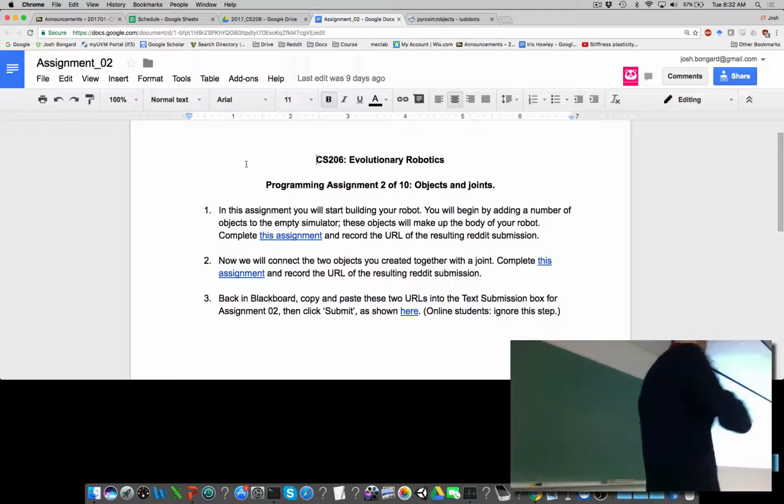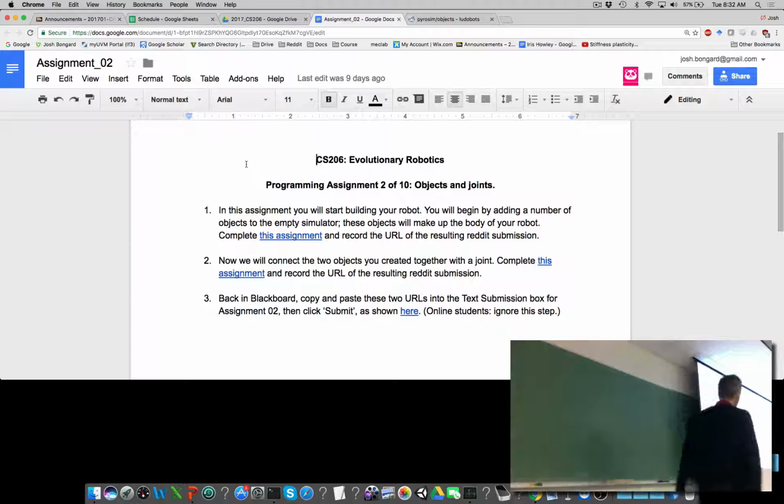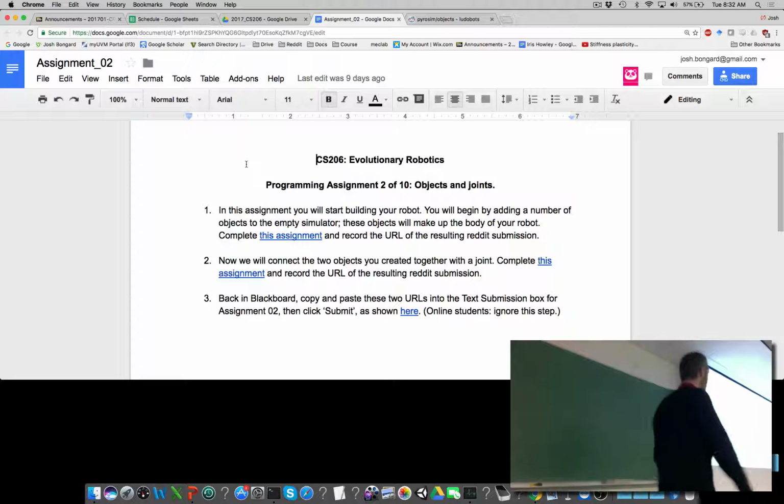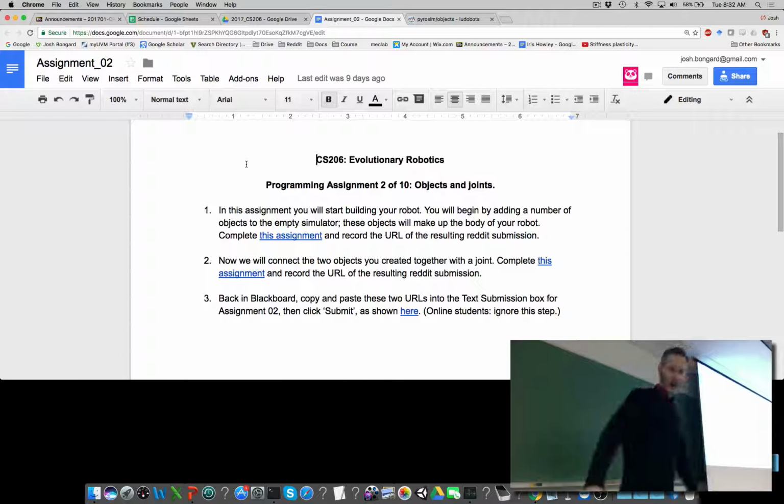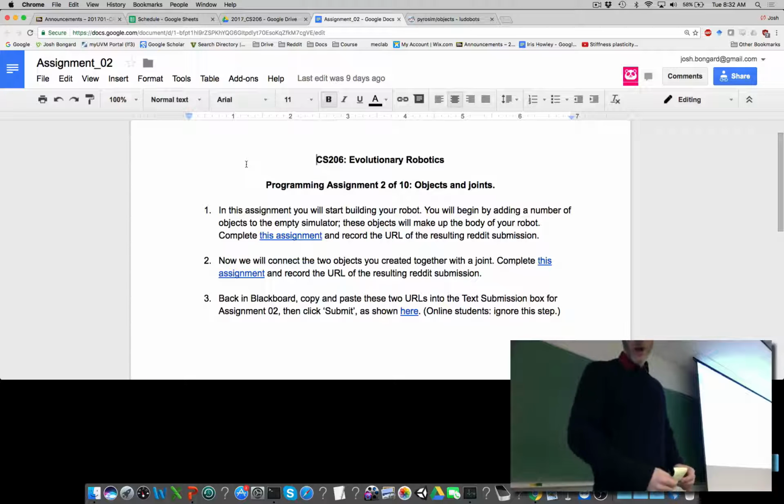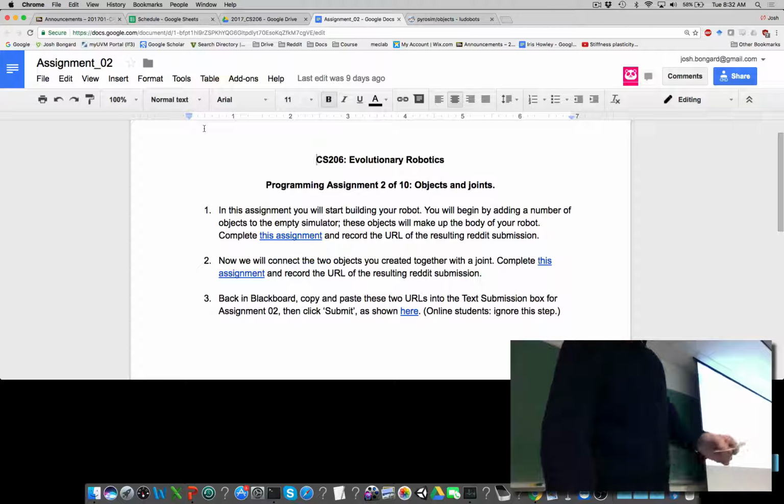Assignment 2 combines 2 assignments from Reddit: the assignment where you're going to be creating objects, and the next assignment where you're going to be creating joints. Next week, assignment 3 is a longer one, and it's about sensors. So that one is just the sensors project on Reddit. Again, this week you're going to be tackling objects and joints.